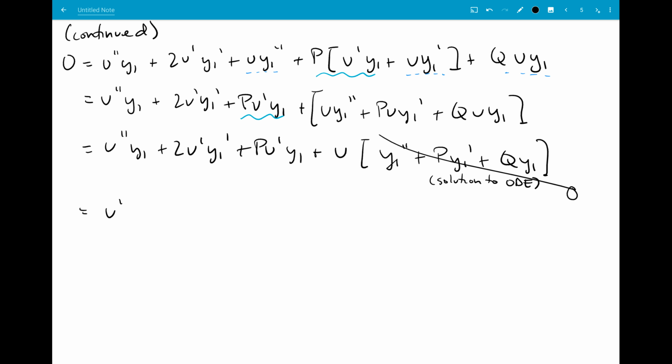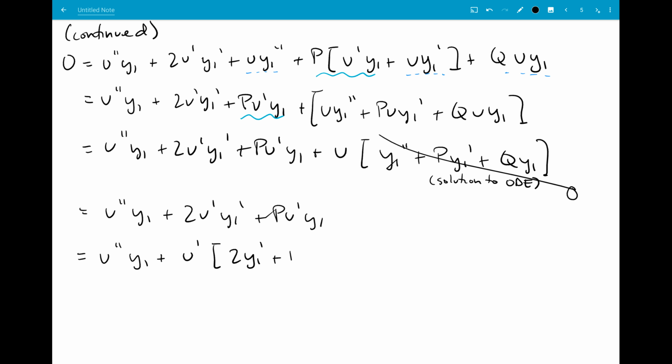So now I have u double prime y1 plus 2u prime y1 prime plus p u prime y1. And I'm still not quite sure how I could solve this. But if I group together my terms like this, it's at least a little bit simpler. I've got my u double prime right there attached to some stuff and my u prime right there attached to some stuff.